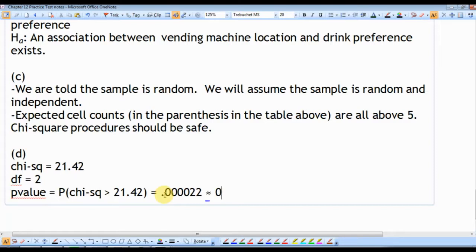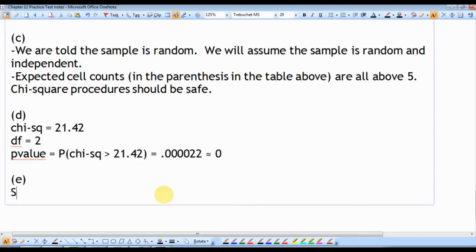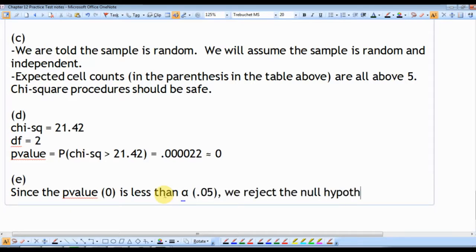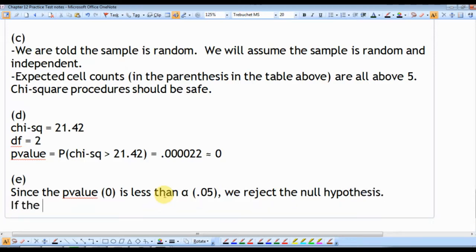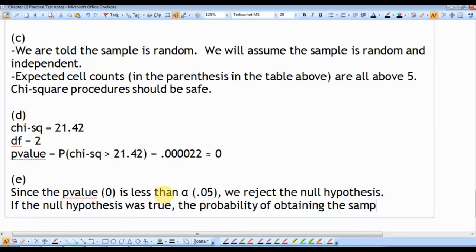Letter E. Since the p-value 0 is less than alpha 0.05, we reject the null hypothesis. If the null hypothesis is true, the probability of obtaining a sample is about 0%.